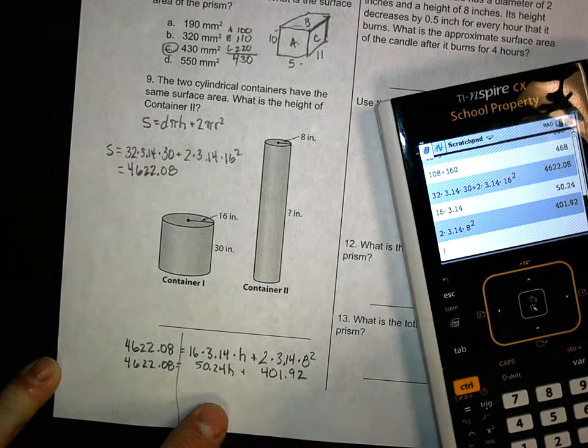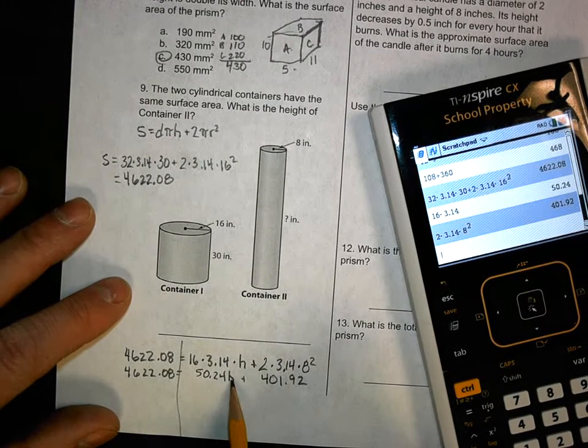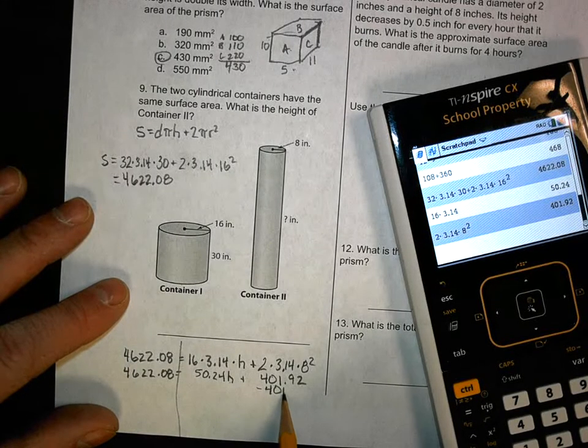Now I can just work it like any other equation. And the first thing I would do is leave the variable alone till last. So I'm going to subtract 401.92 from both sides.